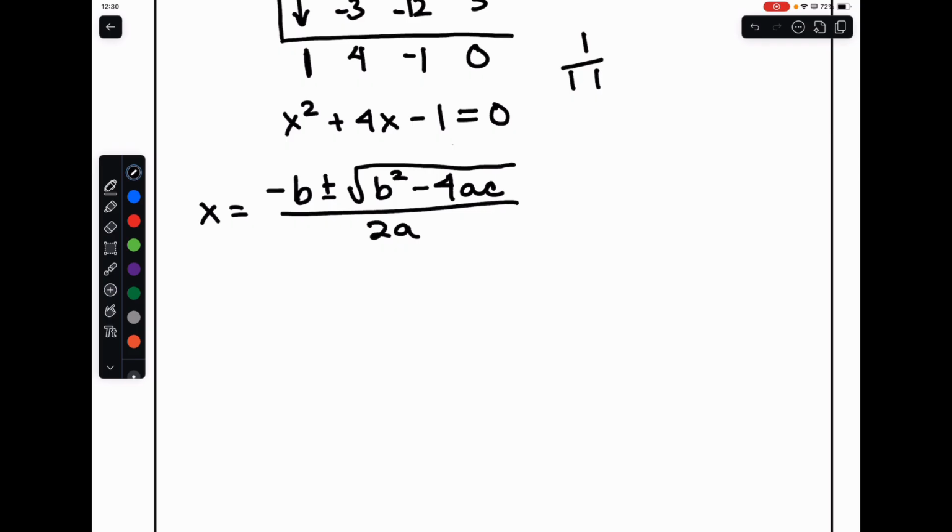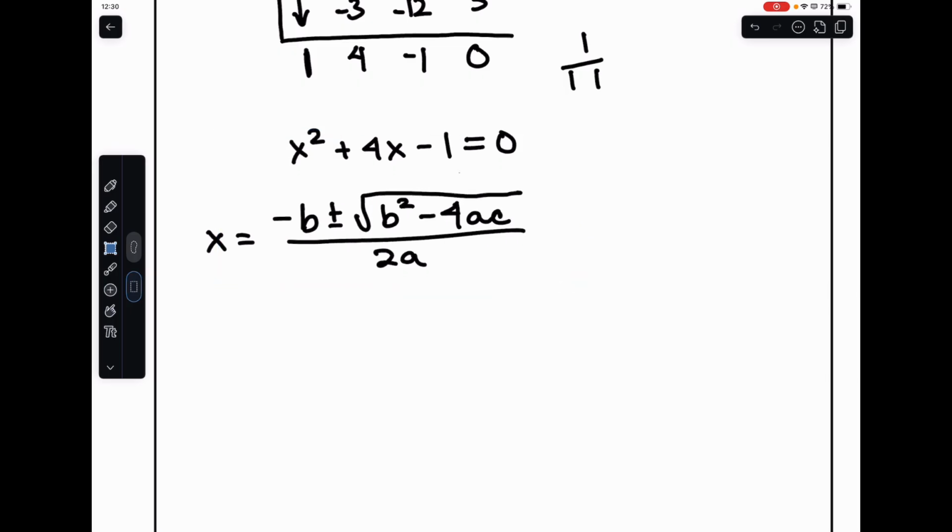Let me move this down a little bit so I can give myself a little more space. Our values of A, B, and C come again from our quotient, and we're going to plug them into our quadratic formula.